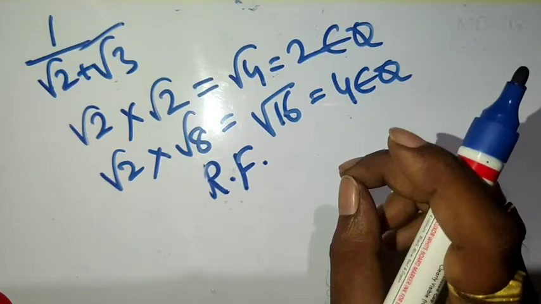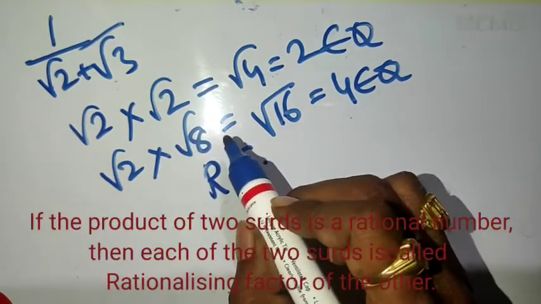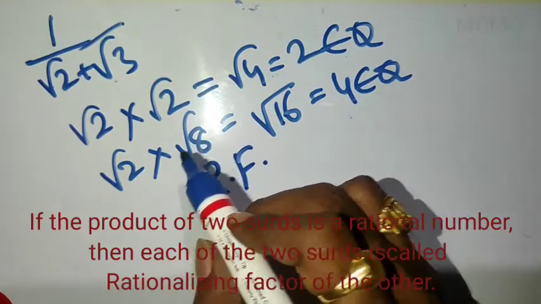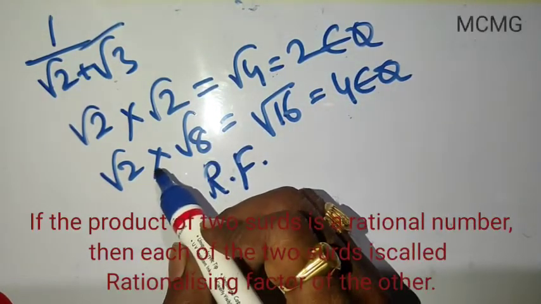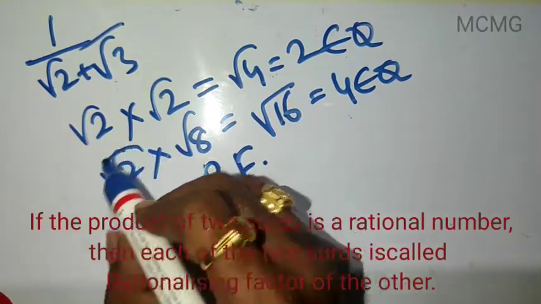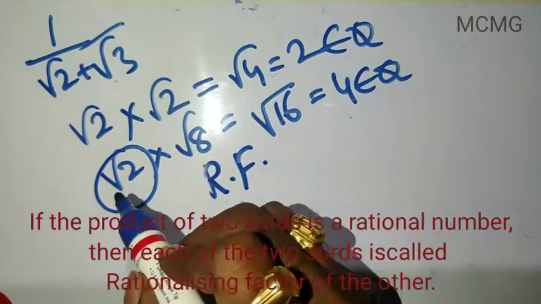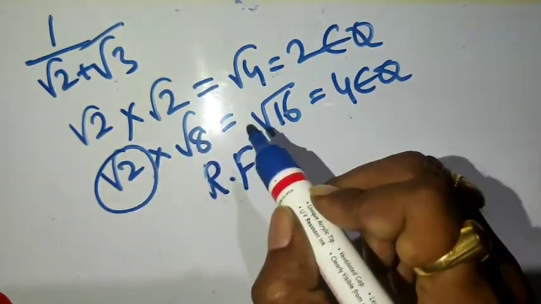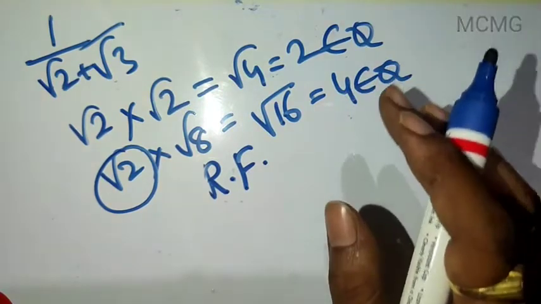That means we can say that if the product of two surds is a rational number, then each surd is called the rationalizing factor of the other. For example, root 2 is the RF of root 8, root 8 is the RF of root 2. Finally, the product must be a rational number. Is it clear?